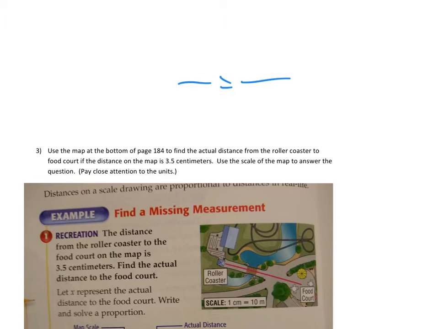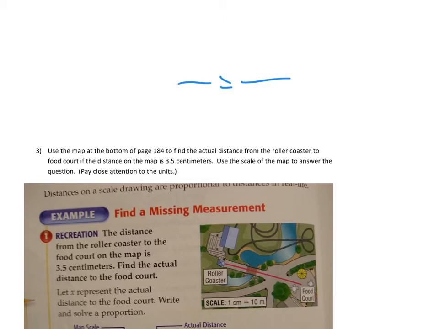When I look at the scale here, I have 1 centimeter on the map is equal to 10 meters in real life, as we set it up. So one of the categories is looking at the dimensions, the size of the various things.